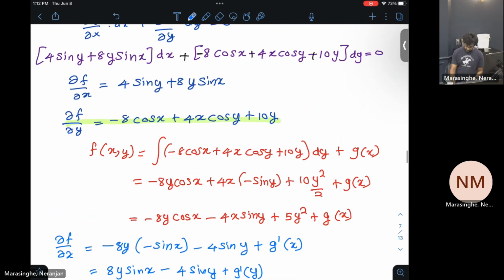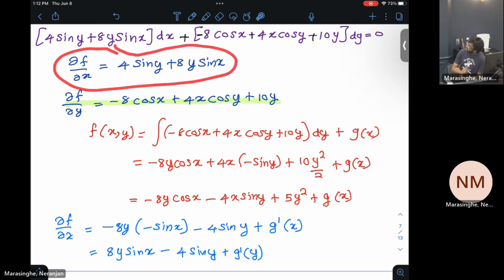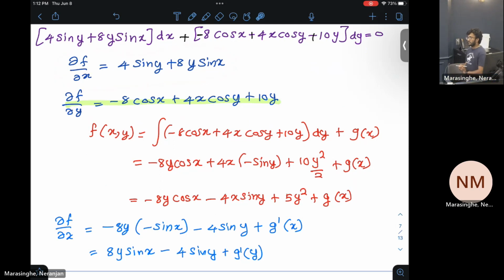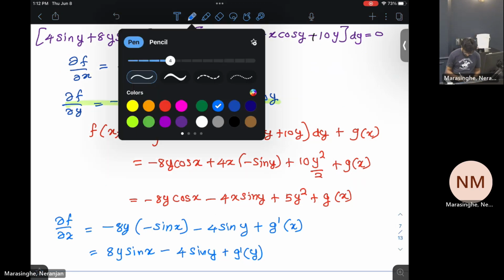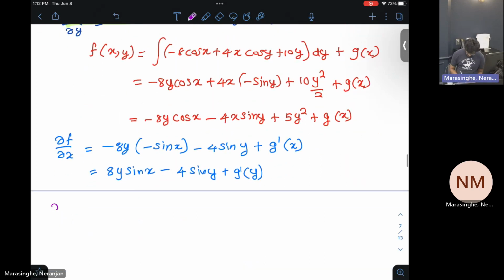Right. This is ∂f/∂x. But I know that ∂f/∂x is equal to this one also. So I'm using that fact. ∂f/∂x is equal to 8y sine x minus 4 times sine y plus g'(y).